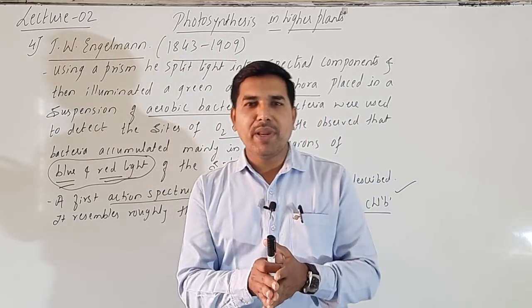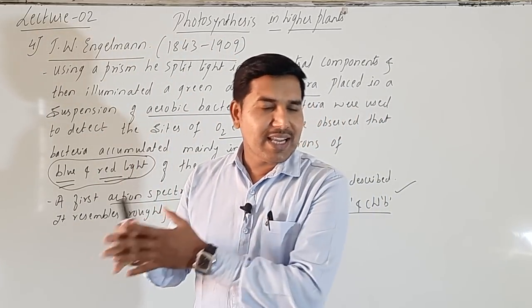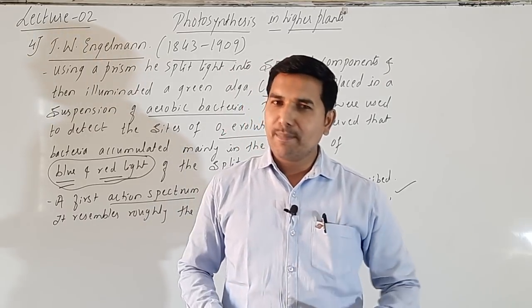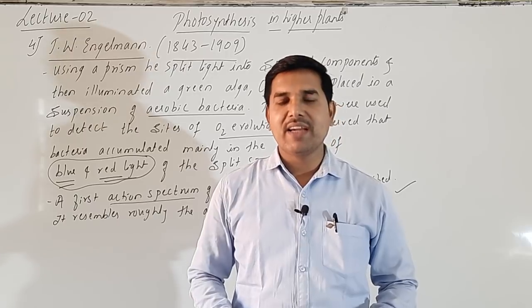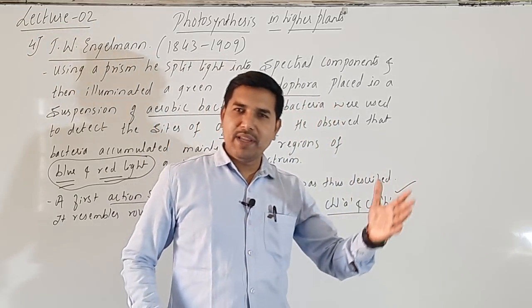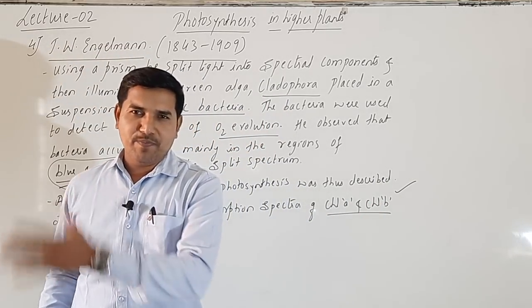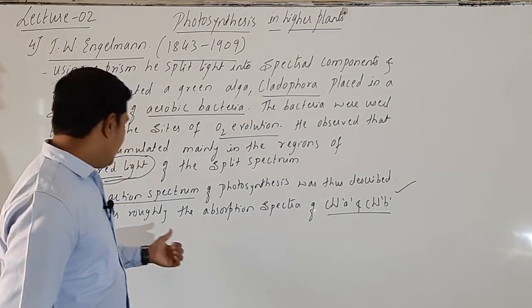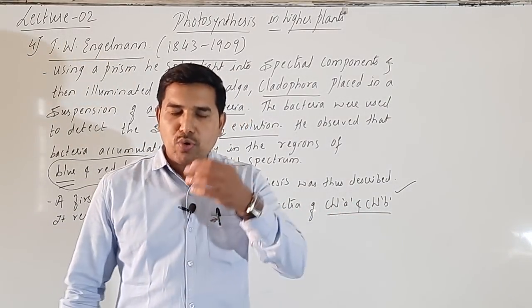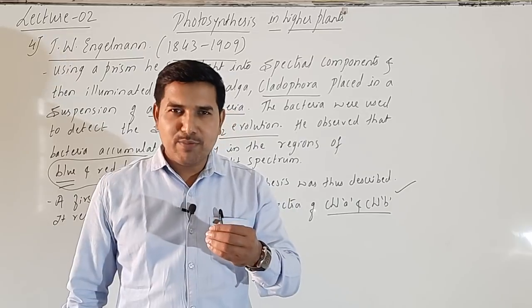Instead of chlorophyll B, chlorophyll C and chlorophyll D can also be present, which you have already studied in the plant kingdom, like that of the algae: green algae, brown algae and red algae, as they have chlorophyll A and B, A and C, A and D. Okay. So here the absorption spectra of chlorophyll A and chlorophyll B, the chlorophyll molecules are the pigmented molecules.